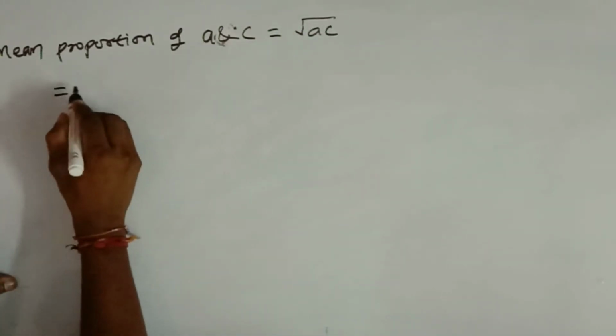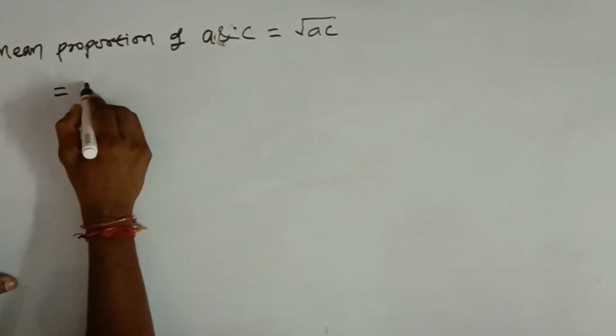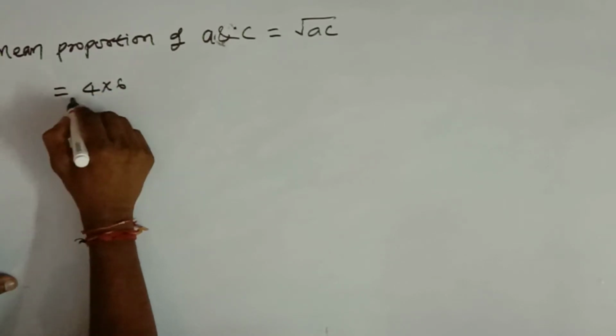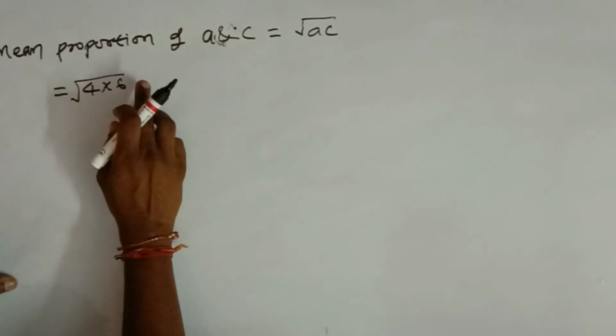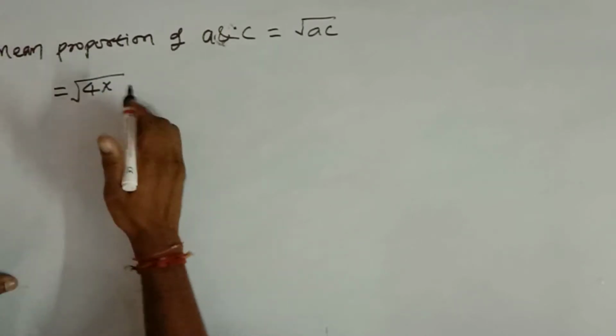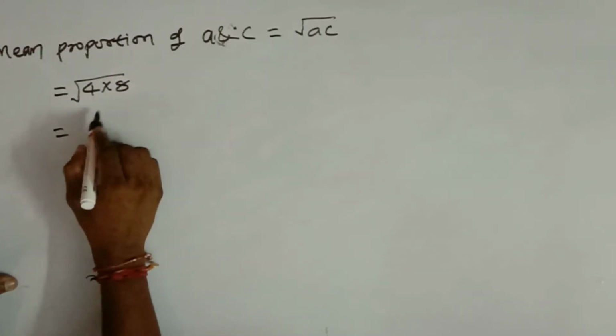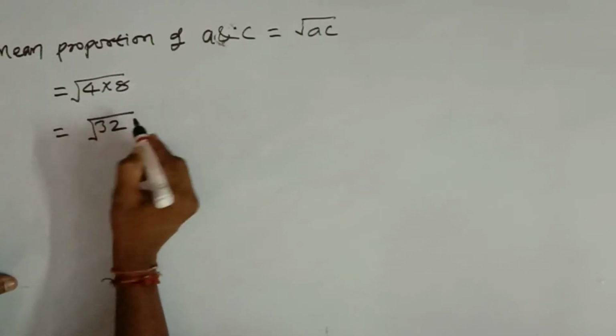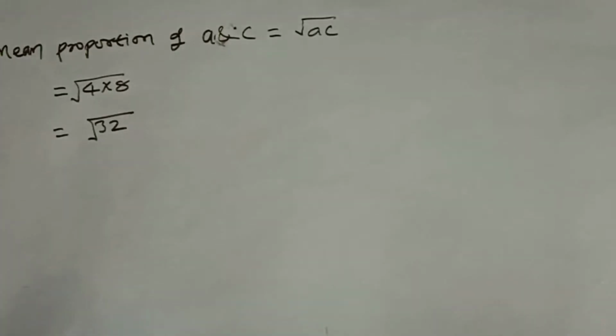So that is equal to, so here 4 and 8, that is under root of 4 into 8. That is equal to square root of 32. Is it equal to 6? No. So hence it is false.